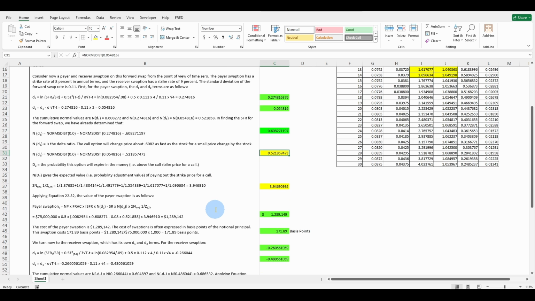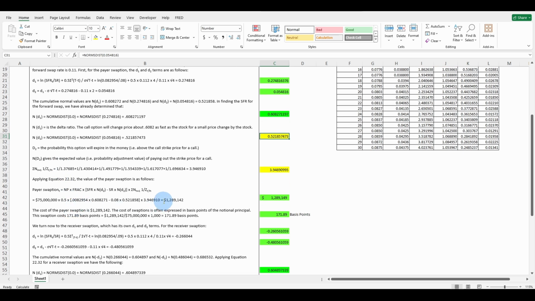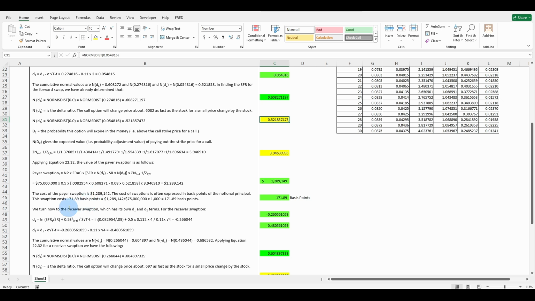Then we're going to use the formula here to come up with N(d), which gives the expected value probability adjustment of paying out the strike price. The annuity factor is 3.94, and the payer swaption is priced at 182,149. The cost of the payer swaption is 1.2 million.